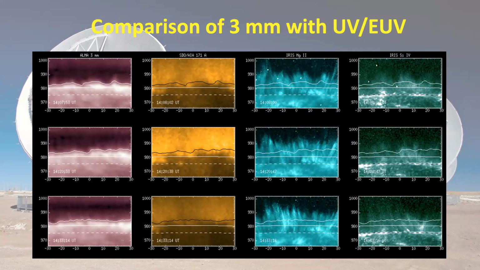Compared with EUV, you see that the coronal emission at 171 angstroms is seen as absorption, where the band 3 or 3 millimeter spicules are seen. And we see in IRIS magnesium 2 and silicon 4 that the contour sort of correlates with the roots of the large groups of spicules seen in both of those bands.